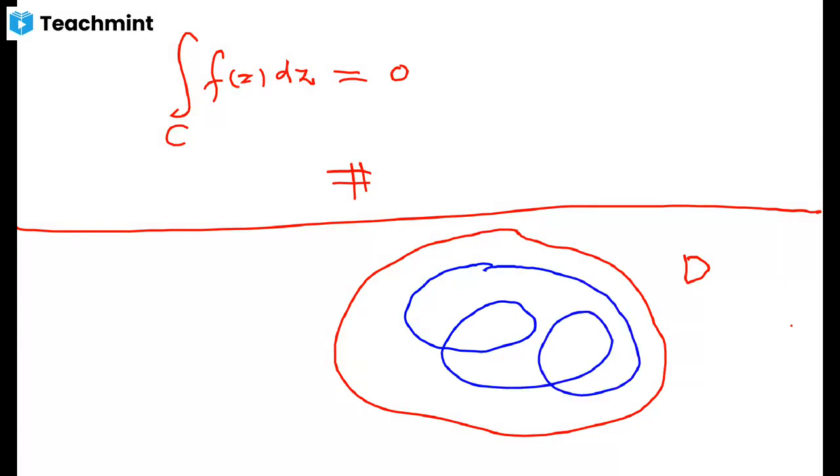Then what you are going to do is consider these curves. You consider first this curve. It is simple and closed. Is it okay? Then you consider another curve.